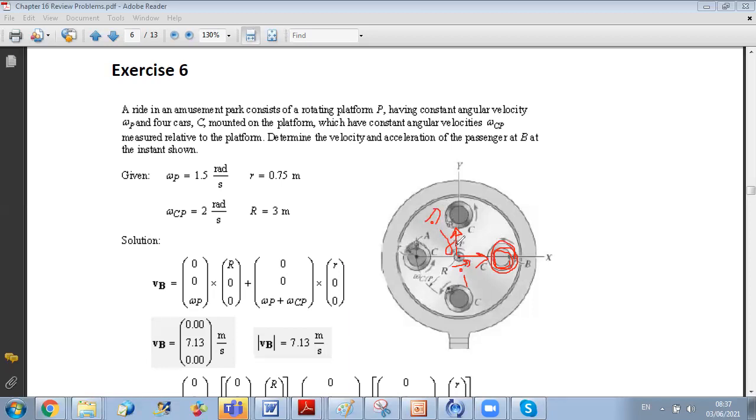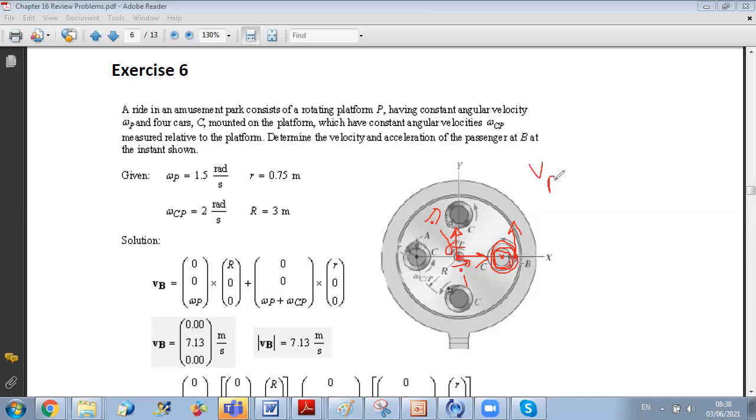It will rotate at an angular velocity of omega P. And B is having a relative motion with respect to the plate, which is due to its relative rotation around the center of the car. So what can you write then? If you use the formula of rotating axes, you can say that I will relate point B to point P, which is the center of the rotating axes.